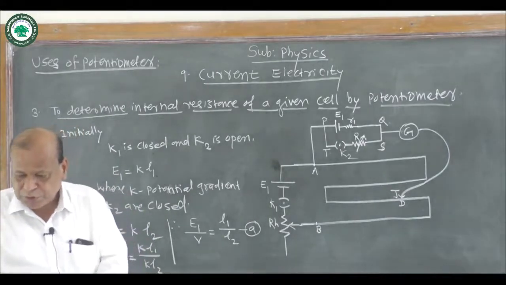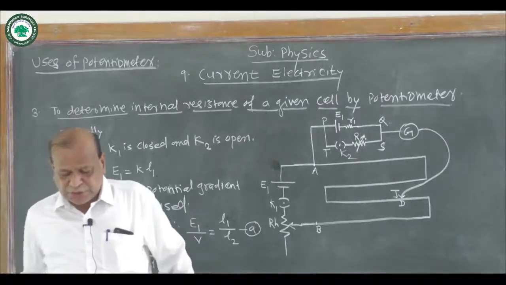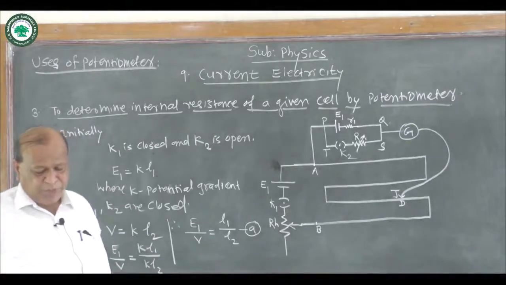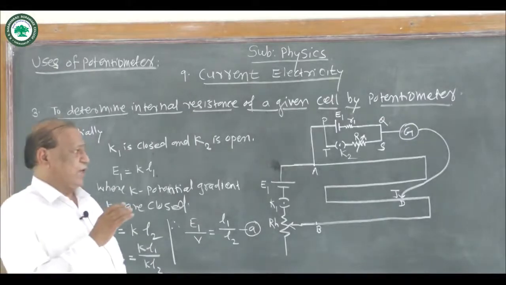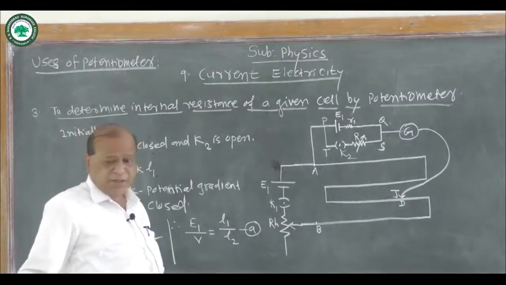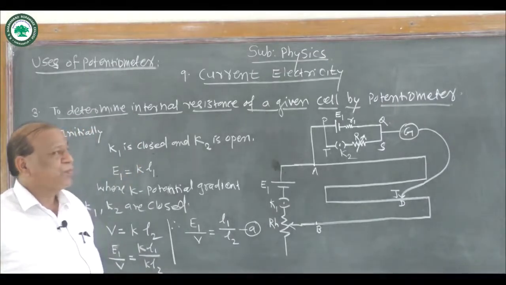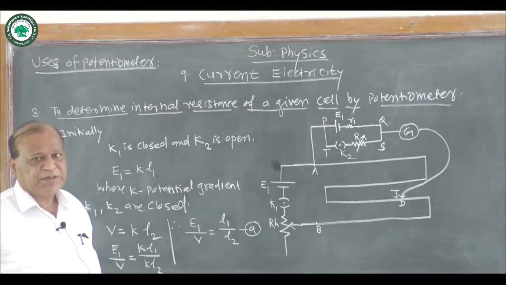Now, the potentiometer is also used as a voltage divider, in radio control systems, and as a sensor, and so on. There are a number of uses of the potentiometer. Understand?